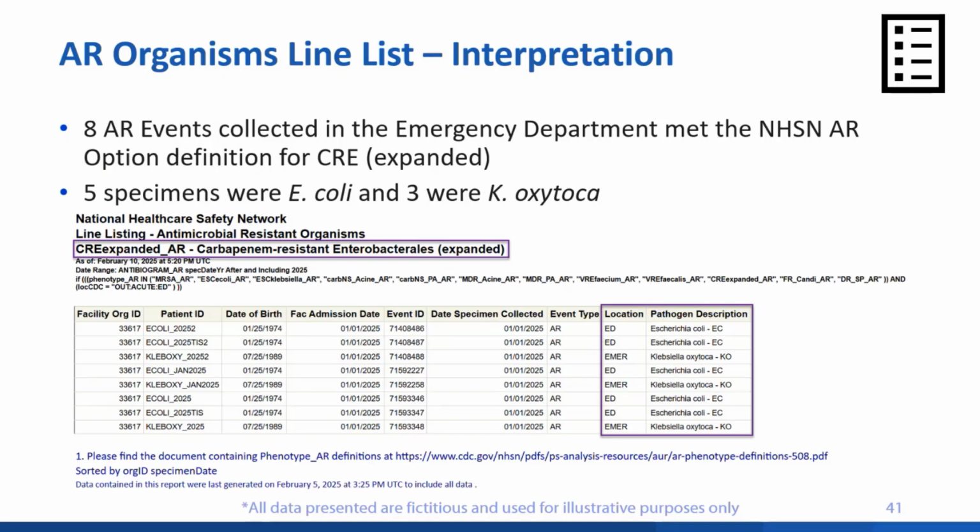To interpret this report, this screenshot shows an example of the CRE expanded phenotype as highlighted by the purple box in the header section. This report shows me that this facility reported 8 AR events that met the NHSN AR option definition for CRE expanded, and all were collected in the emergency department. Of those, 5 specimens were E. coli and 3 were Klebsiella oxytoca.